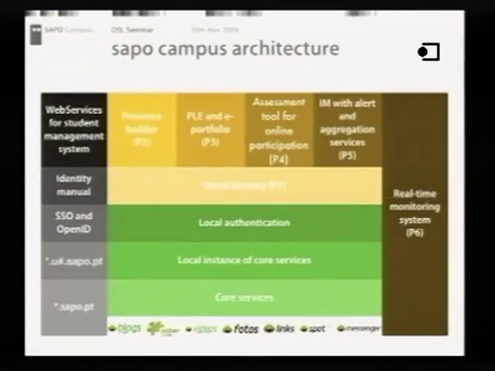How are we building this? We stated that we needed to start very fast, and our idea was to pick up the services from our partner, SAPO. SAPO is the major web portal in Portugal, and they provide open services for blogs, wikis, video, and photo sharing. So we started with the core services from SAPO.